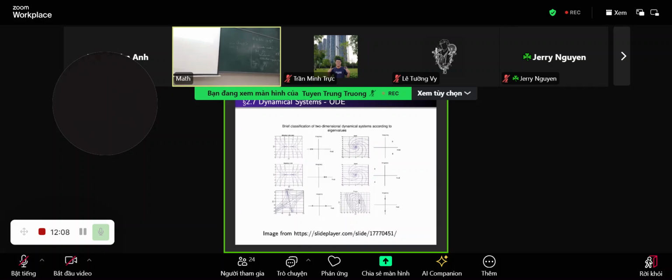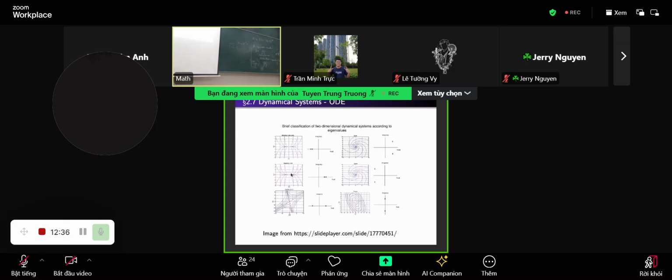And here I have some pictures, hopefully you can see them. The first one, it's difficult to see, but if you look at the point (0,0), it's an attracting point. You can see all the orbits going to it.